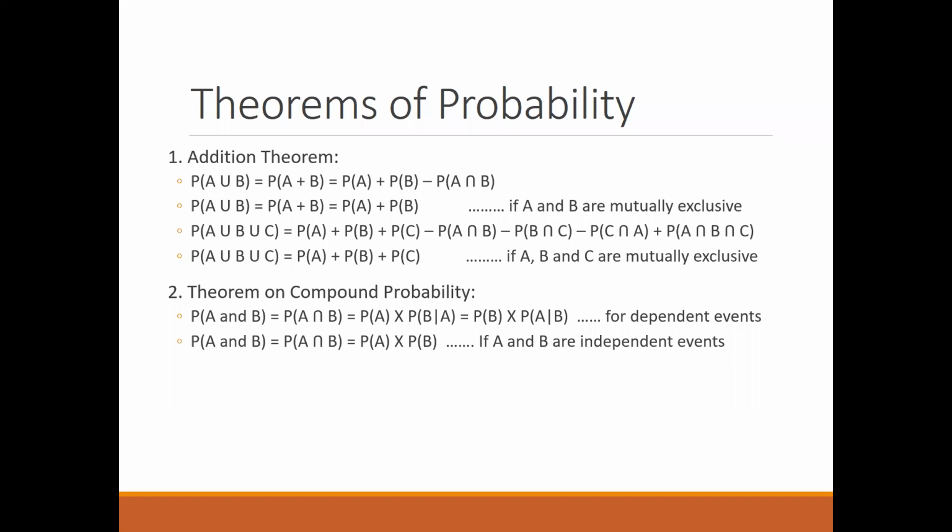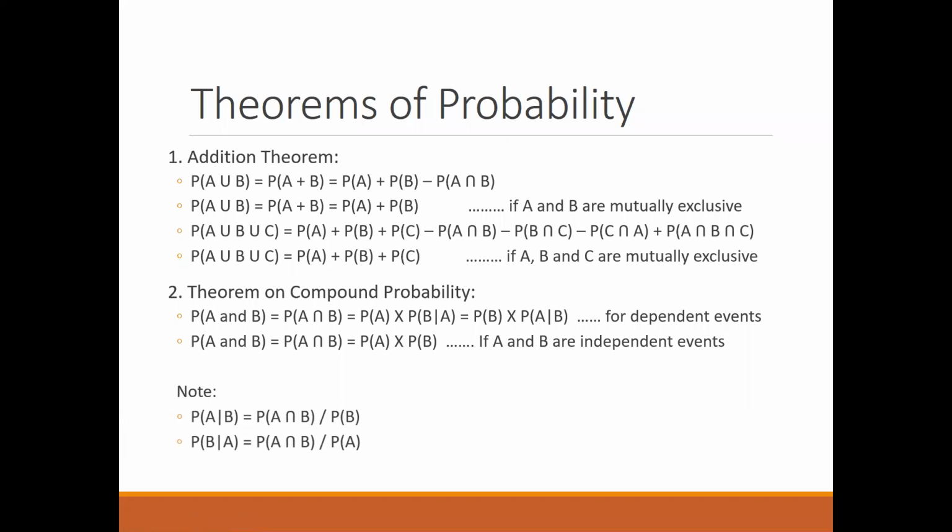Now for independent events, the formula is given here on top. For independent events, where both the events do not depend on each other, we simply multiply the probability of A and B. We saw a few examples in the previous session.